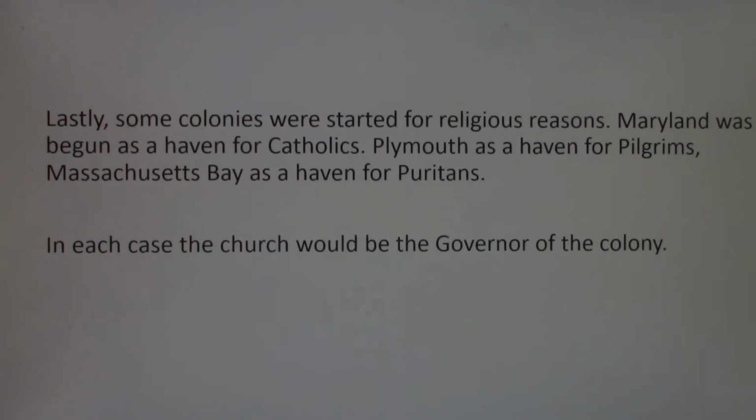The Puritans are going to go to the New World and found the colony of Massachusetts Bay. In all, there will be 6 colonies that are created for religious reasons. However, by the time of the American Revolution, all of these colonies have turned to becoming royal colonies.